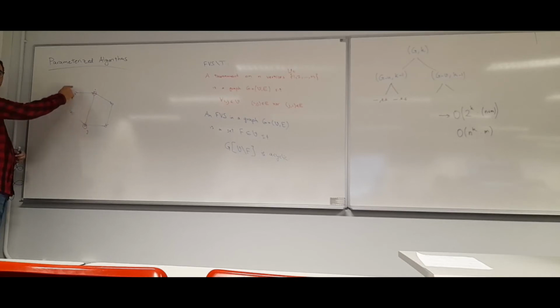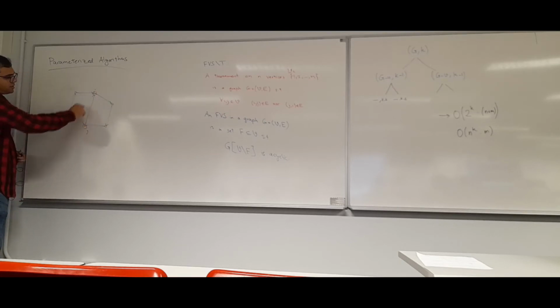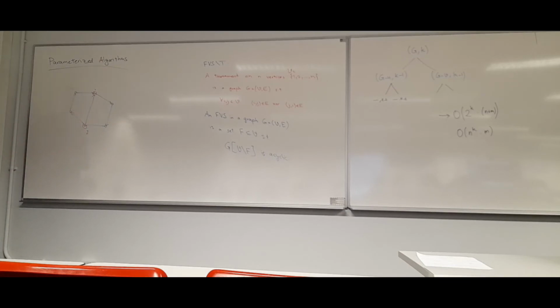Right? On the other hand, if there is an edge from J to I, then I have a shorter cycle on this side, right? So in every case, as long as my cycle has more than 3 vertices in it, I can take 2 vertices that are not neighbors in my cycle, and then I can use them to create a smaller cycle.